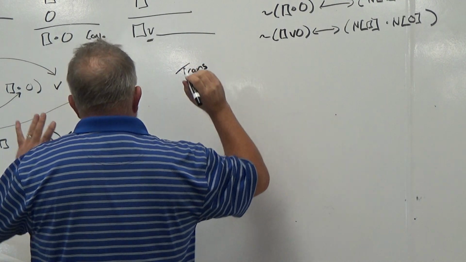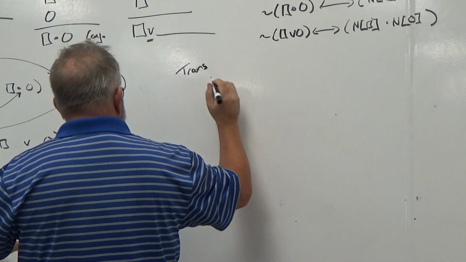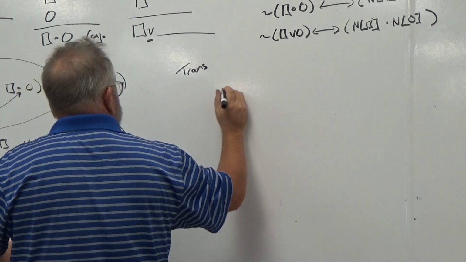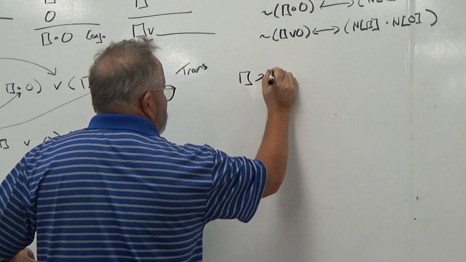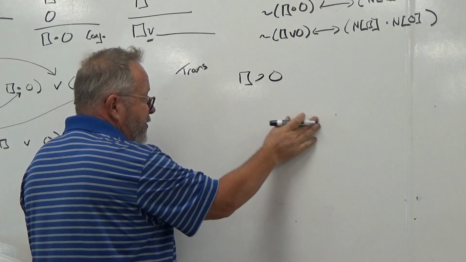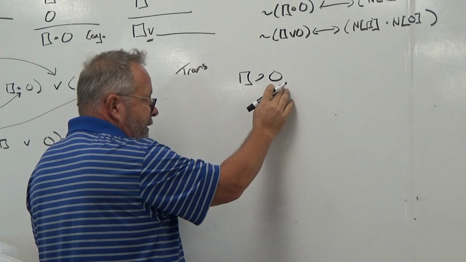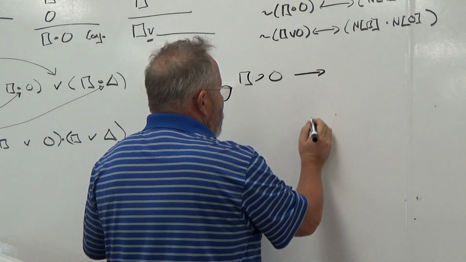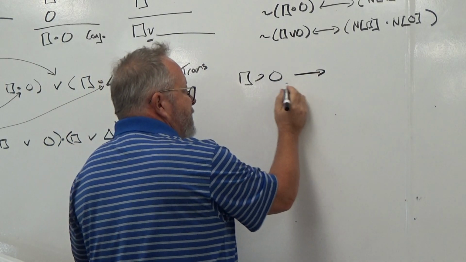okay? And this is only for conditionals, okay? Box, then circle. I can change the order of these so long as I change their sign.